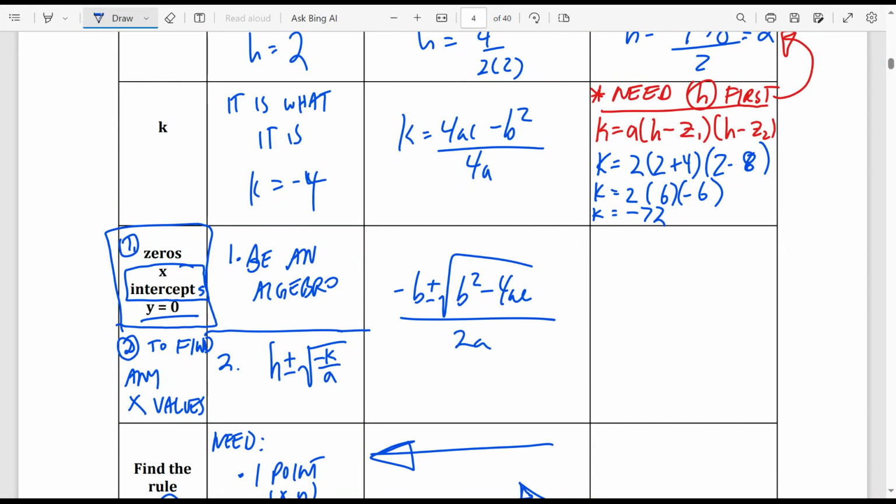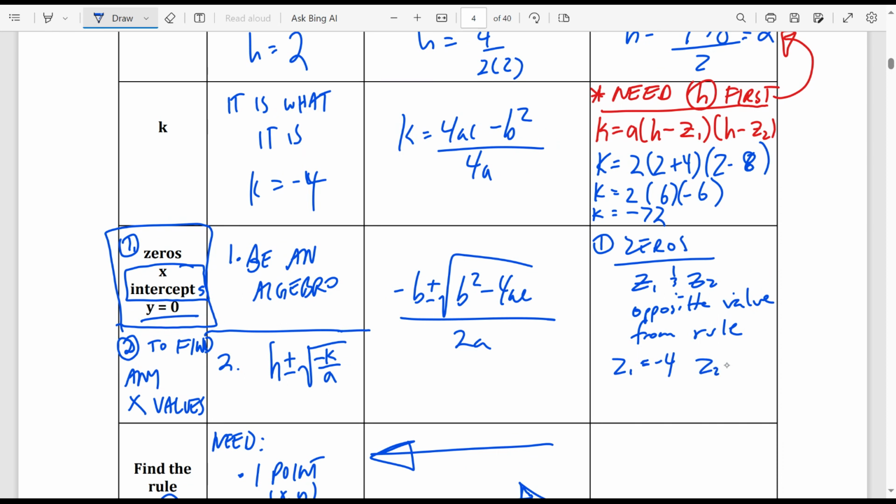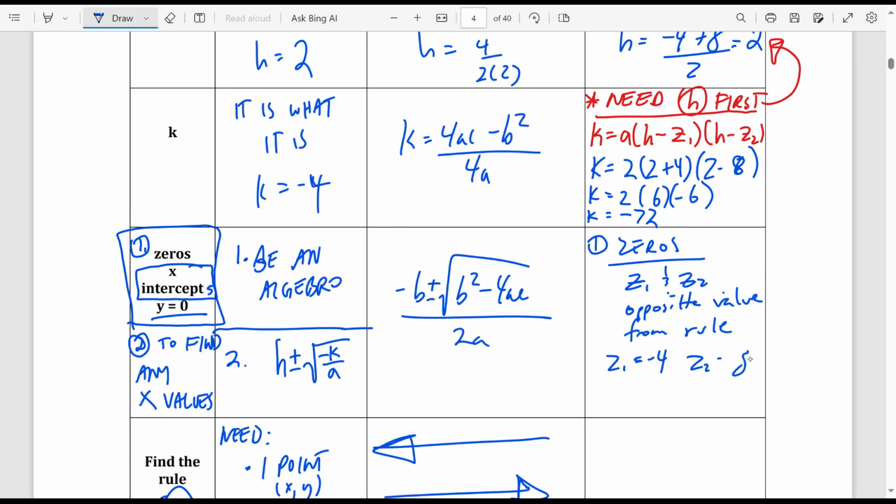Now, in terms of zeros, intercepts, step one for zeros, I can solve that really easy. Z1 and Z2. I'm just going to take the opposite value from the form, or from the rule, right? So it would be Z1 is equal to -4 and Z2 is equal to +8, right?